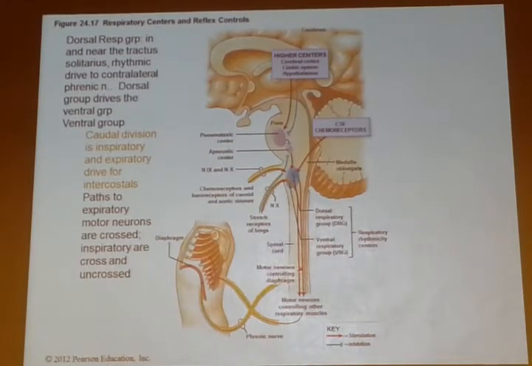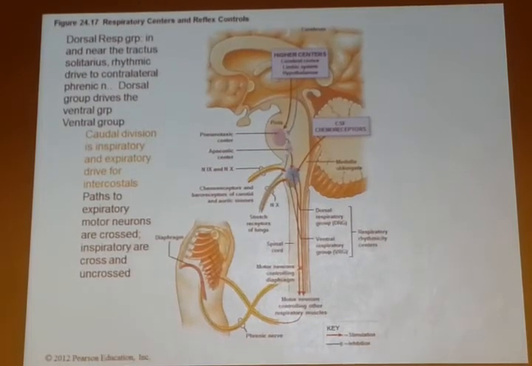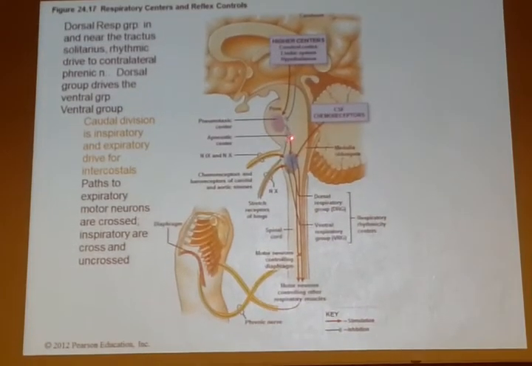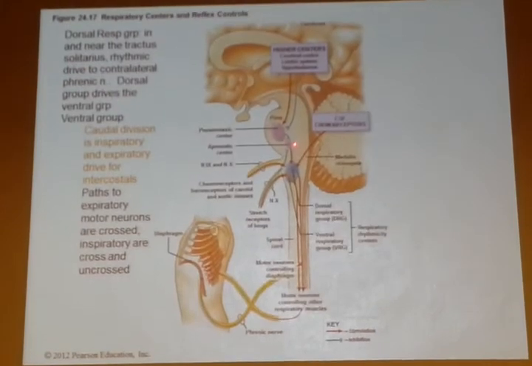It's firing action potentials to your external intercostals and your diaphragm. So if you excite that respiratory rhythmicity center, then you're going to increase your breathing cycles. If the apneustic center is inhibited, then it's going to have a decreased excitation of your rhythmicity center, and your respiratory rate will go down.